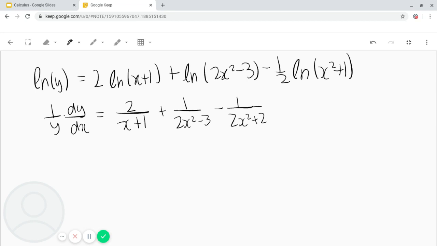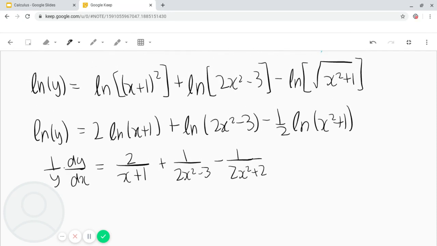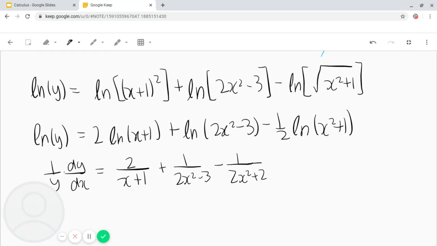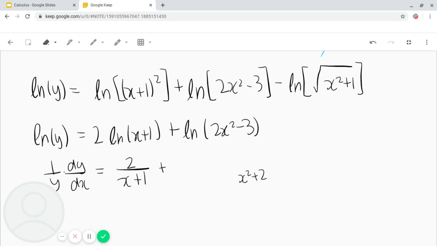Okay, let me just see if I've done this correctly. Sorry, there's one little mistake here, so I'm just going to erase this and go over it again. Sorry, I just forgot to use the chain rule here.